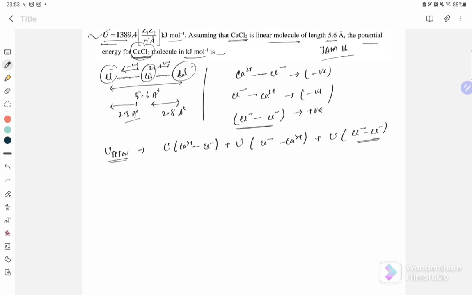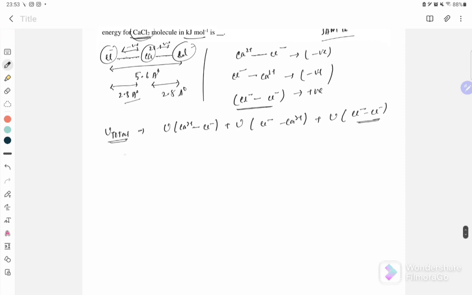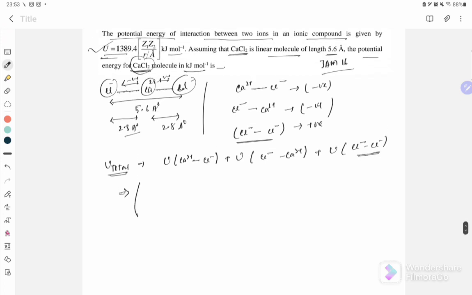So how to write? That is given by 1389.4 Z1 Z2, the cation and anion charge, one is plus 2, the other minus 1, by R, the distance between the two, 2.8 angstrom. The full length is 5.6 but half is 2.8 angstrom.